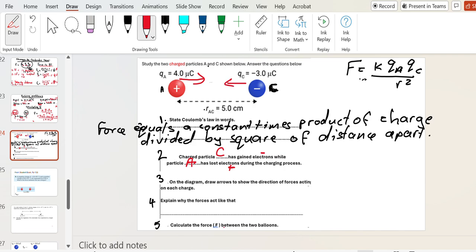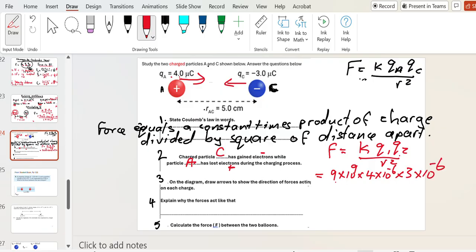Calculate the force between the two balloons. We use Coulomb's law, F equal to K, Q1, Q2 divided by R squared. The number for K, I told you, always it's 9 times 10 to the power 9. What is Q1? 4 micro. So it's 4 times 10 to the power minus 6 times Q2 or QC, which is 3 times 10 to the power minus 6, divided by R squared.